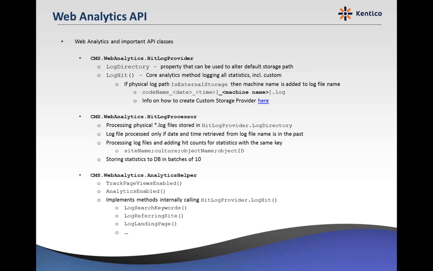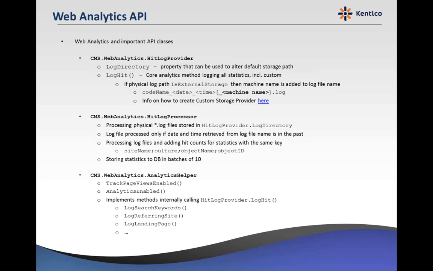You provide information about the statistic that you want to add a hit for, and when I say hit, it's basically to add another entry into the log file related to a specific statistic.